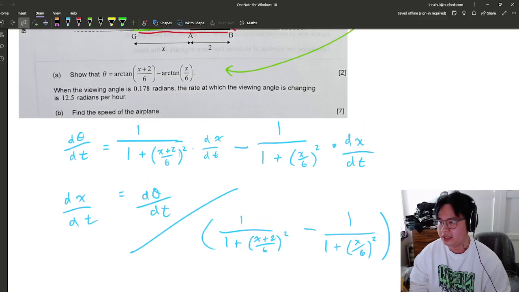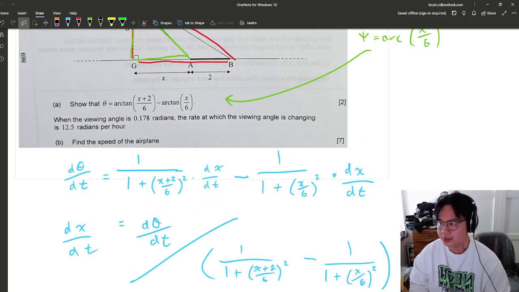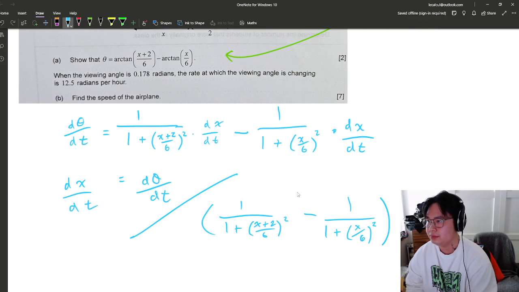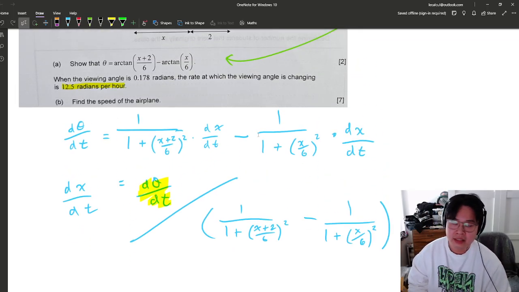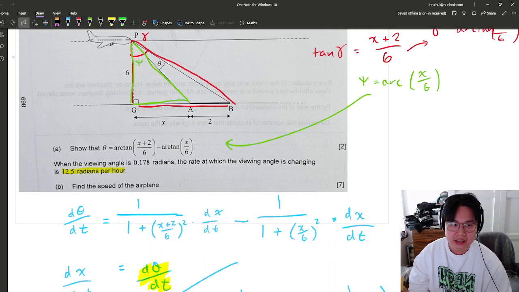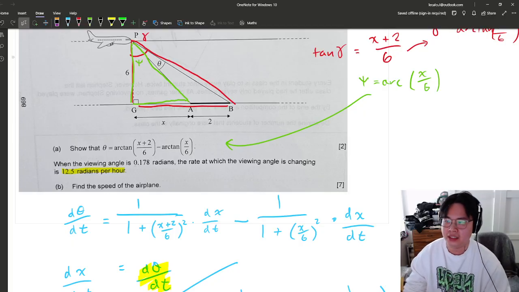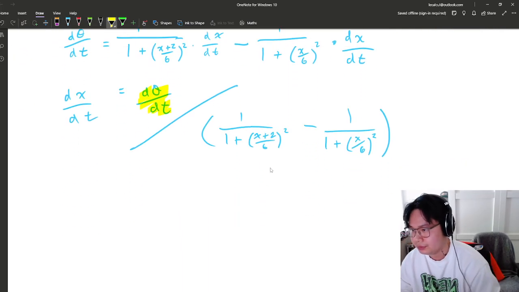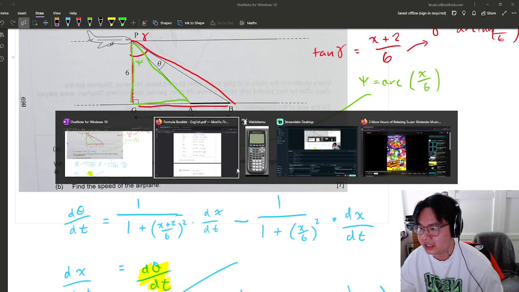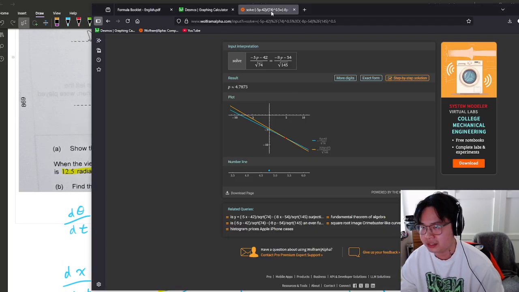Okay, so what's d theta dt? D theta dt is 12.5 radians per hour. I also need to plug in x. I do not currently have x. What I do have is the viewing angle theta. So we also will need to plug this into theta and then solve for x. So again, equation solver.